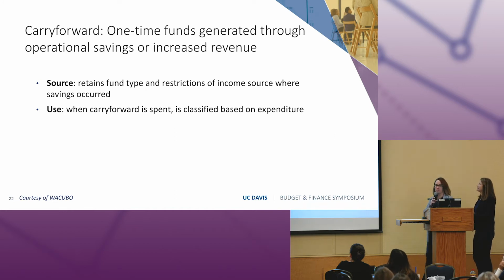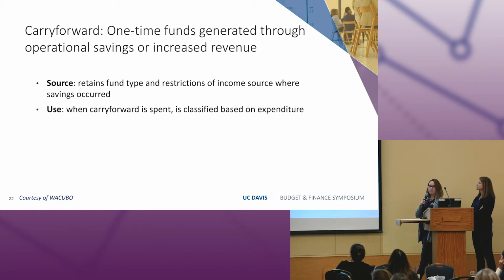So sometimes different words are used for carry forward. You can hear surplus, margin, reserve, but basically these are funds that you put in a savings account, kind of. You don't spend them; they're saved. The source of these funds of carry forward retains the fund type and restrictions of what it is that you save those resources for.